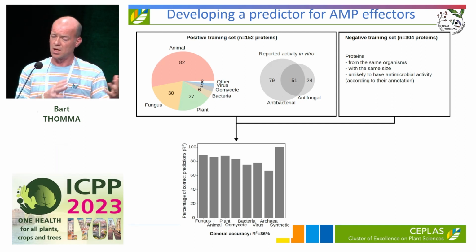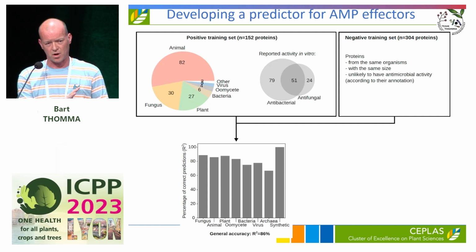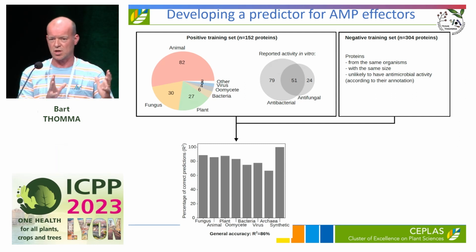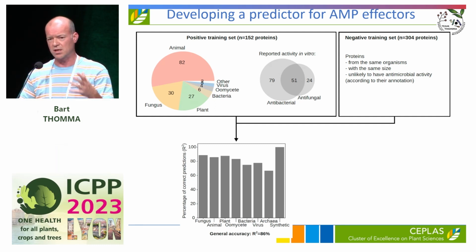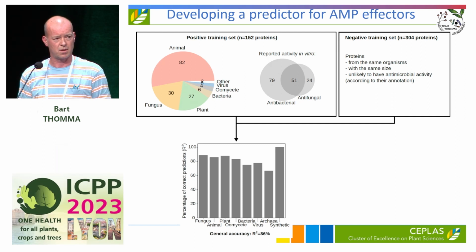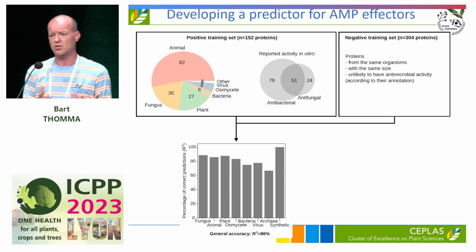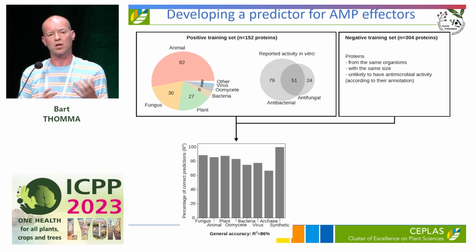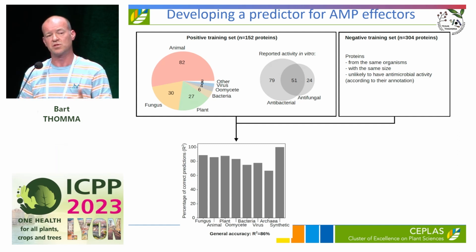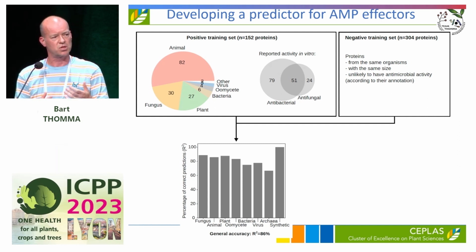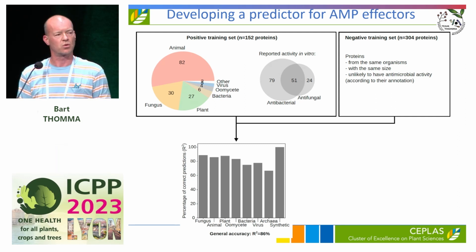So we have composed sets of known antimicrobials in the size range of typical effectors, and control sets that do not have such activity, that are equally sized, and that come from similar types of organisms. We predicted structures of all those molecules and try to extract all kinds of structural features from these effectors and use that to set up a machine learning approach to predict antimicrobial activity.